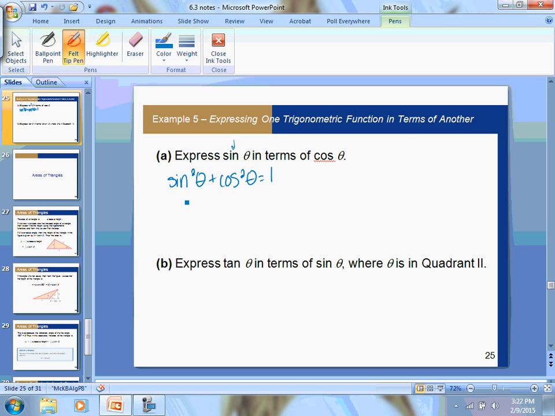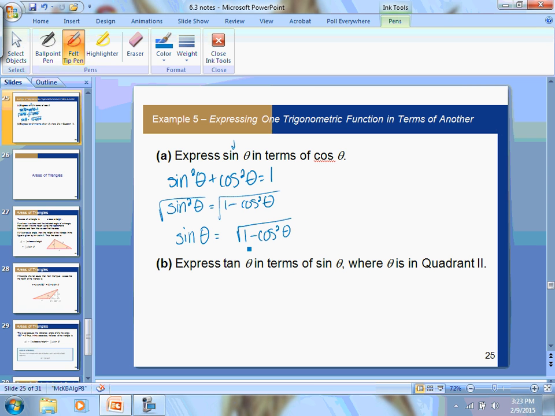So if I was going to solve this equation for sine, I would subtract the cosine squared over. And right now it's still squared, so I have to take the square root of both sides. So then I will have sine of theta equals the square root of 1 minus cosine squared theta.